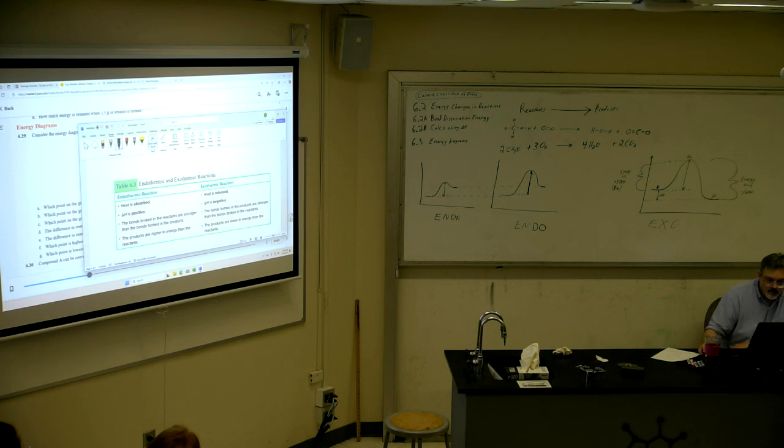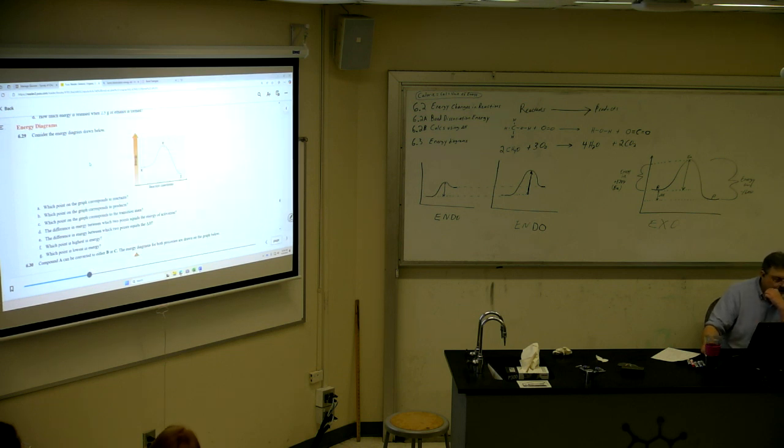All right, whatever. Okay. Consider the energy diagram below. Which point of the graph corresponds to reactants? X, Y, or Z? X. The products, Z, the transition state. The difference in energy between which 2 points equals the energy of activation?